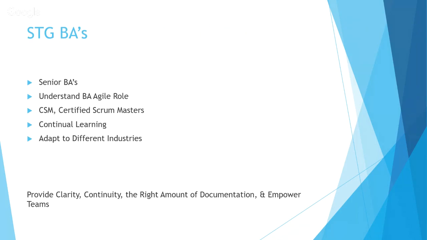In those cases, we'll bring on a mid-level BA, someone who is not super senior but has the right skill set. So again, it comes down to finding the right skill set for the project, which varies based on our projects and clients.